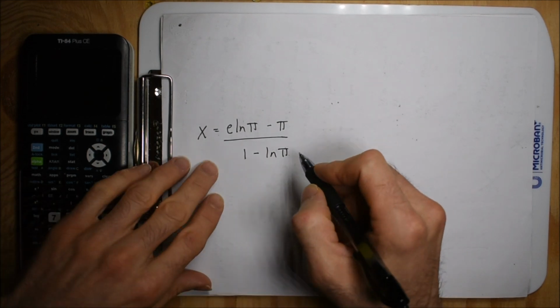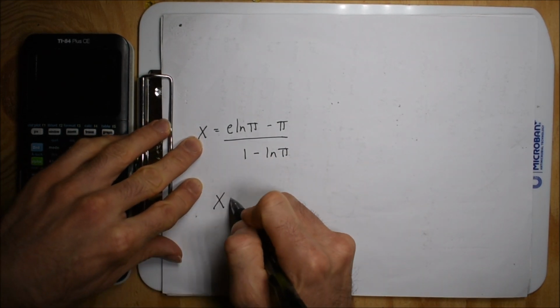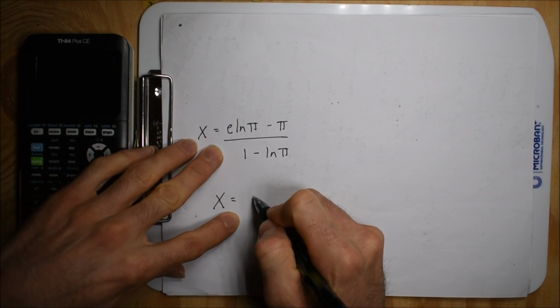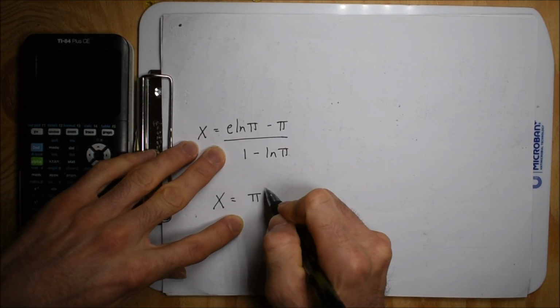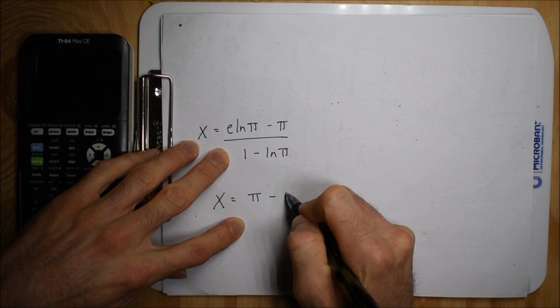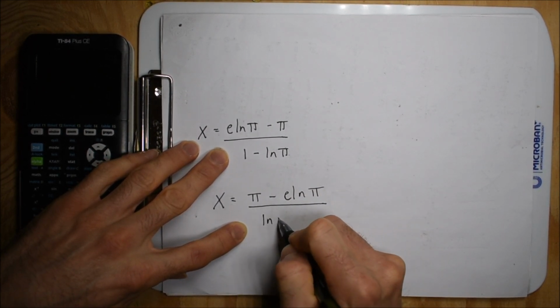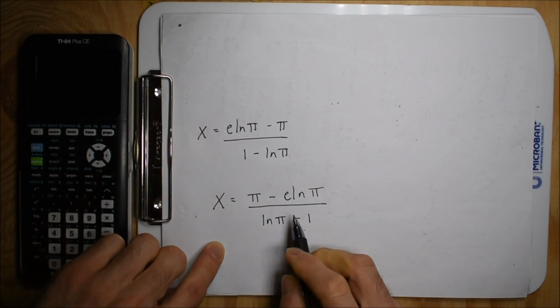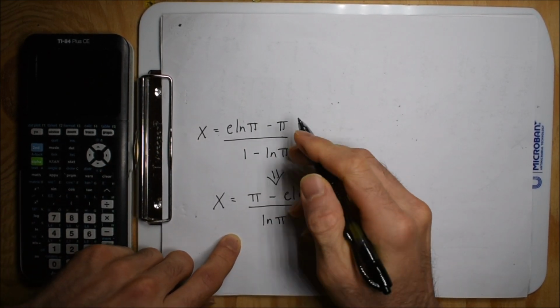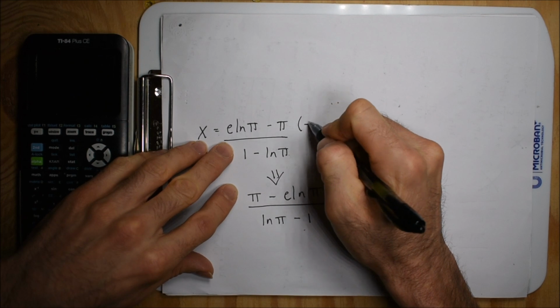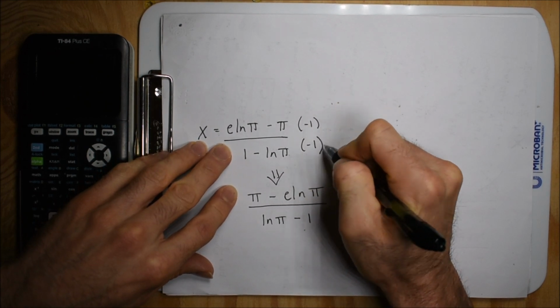I don't know, but I do know that you can just take pi over here minus e natural log of pi, and then divide it by natural log of pi minus 1. Now, I don't know why you can do this. Let's figure it out. I think you just multiply by negative 1 on both sides.